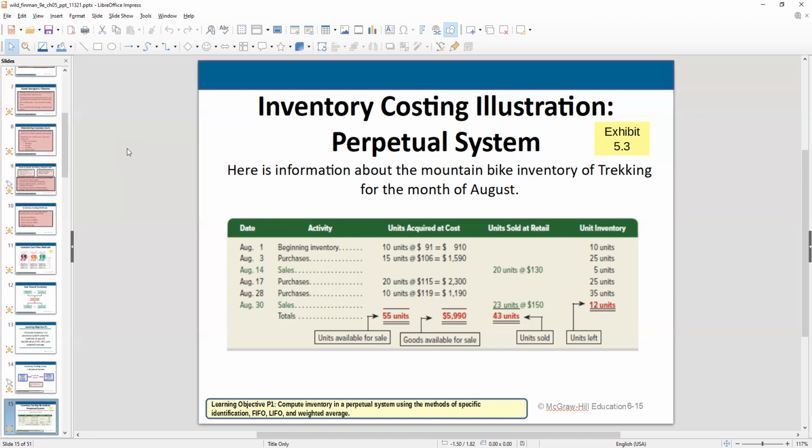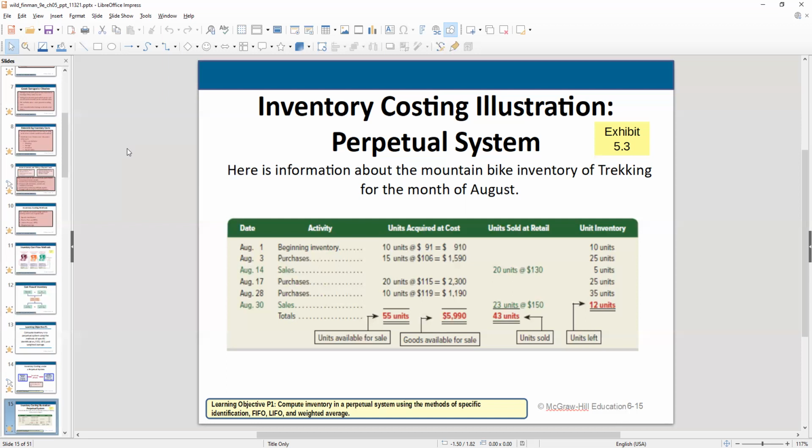All right. If you notice, down at the bottom now, we have the number of units available for sale and the cost of the goods available for sale. And then I'm going to skip ahead to the end of the month. You can see after all the transactions of purchasing and then selling, that we started off with 10 and we brought in how many units?